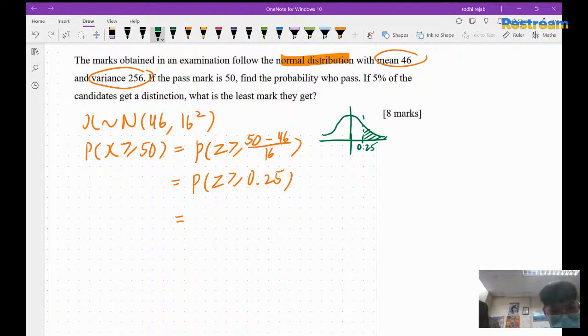Since the area is to the right, I know that the value I find in the statistic table is the correct value already. So just refer to the book and you'll get the answer for Z ≥ 0.25, which is 0.4013. So this part of the question is very simple. You just refer to the book and you get the answer already.